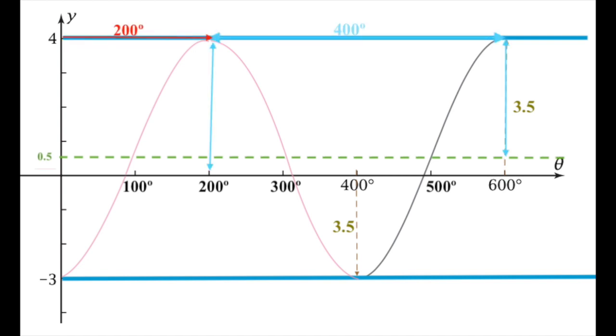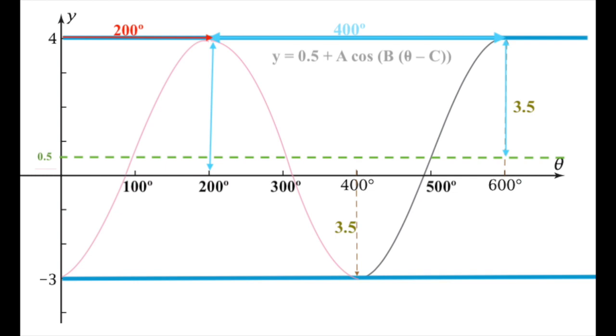The standard form of the equation here is y is equal to d plus a cosine b theta minus c. And each of those letters relates to the numbers we've already got up here on the screen. For example, the 0.5 is the midline, and that's the d in the equation. So we substitute that there.